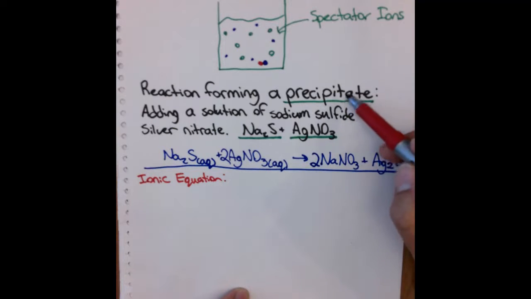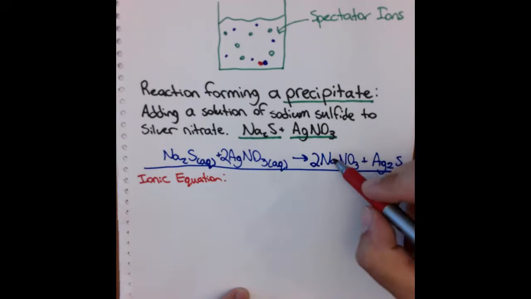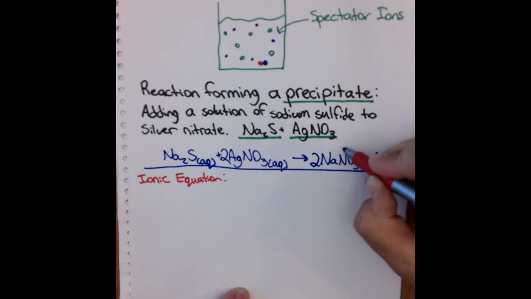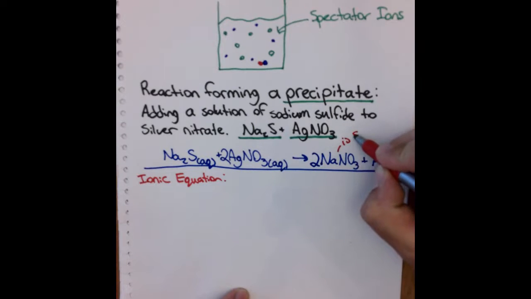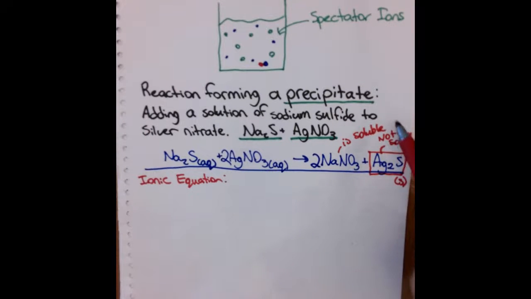We've been told that a precipitate forms. So if we consult our solubility tables, we're going to realize that NaNO3 is soluble, but our silver sulfide is not soluble. This is important because we need to include our Ag2S as a solid in our ionic equation. If we don't do that, everything is just going to appear to be spectator ions.